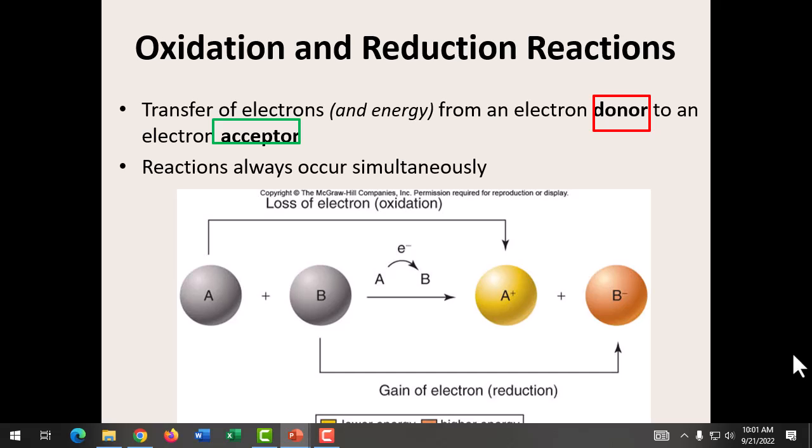I always say, if you lose your negative friends, you become more positive. So it lost something negative, now it's more positive. Molecule B has the extra electron that A gave it. And so it picked up something negative, so it is now more negative. The process of losing an electron is called oxidation. The process of picking up that electron is called reduction, which sounds like an oxymoron.